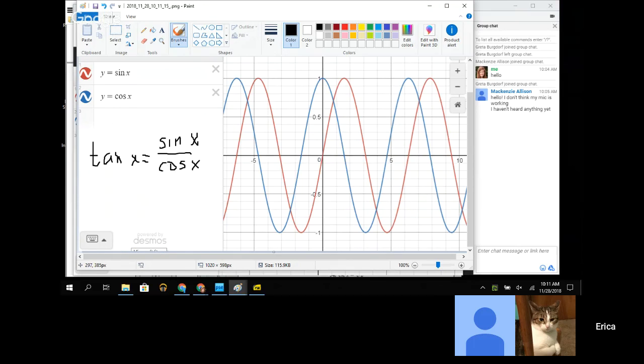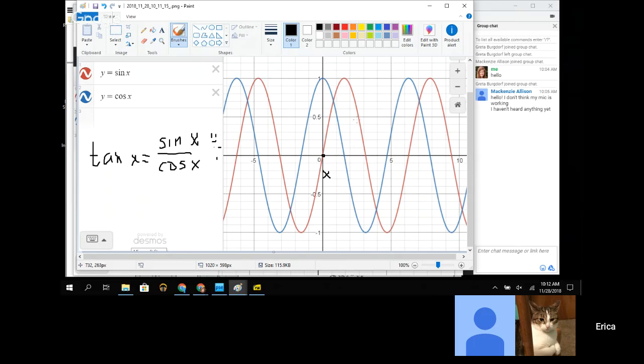So for example, right here, if x equals 0, the sine is 0 and the cosine is 1, so 0 over 1 would be 0. So the tangent of 0 is right there.